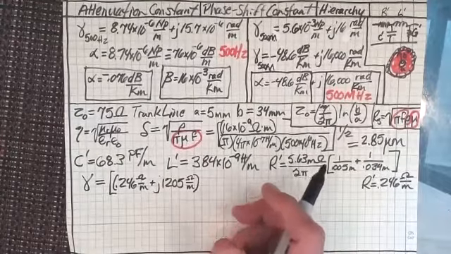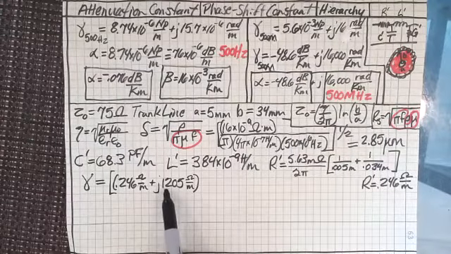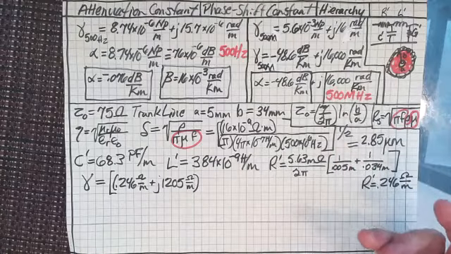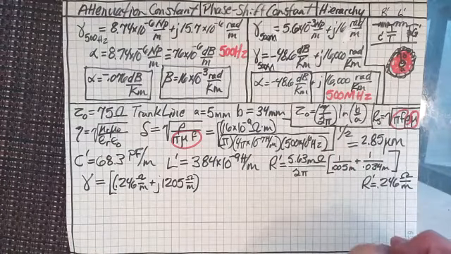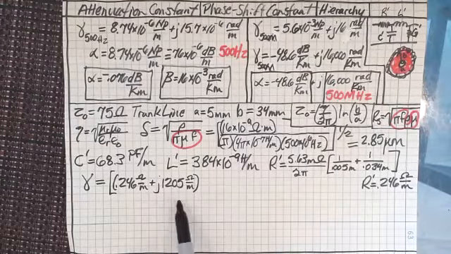Because nothing's changed. L is exactly the same. R plus J omega. Omega has stayed the same, 500 megahertz, so that makes omega 3.14159 times 10 to the 6 radians per second, as you know. So that is the same as it was before.